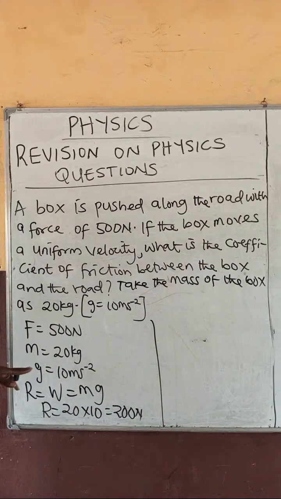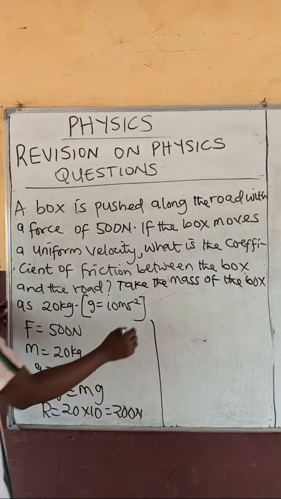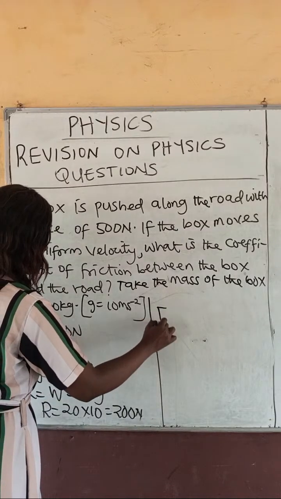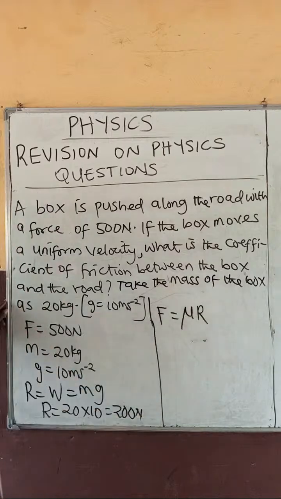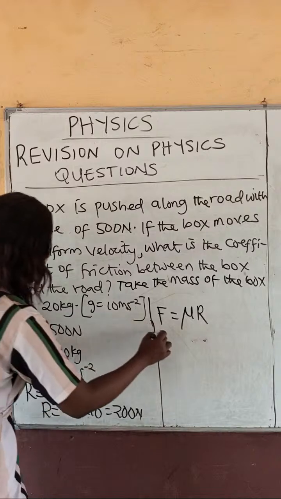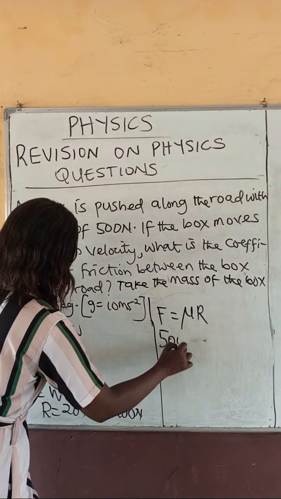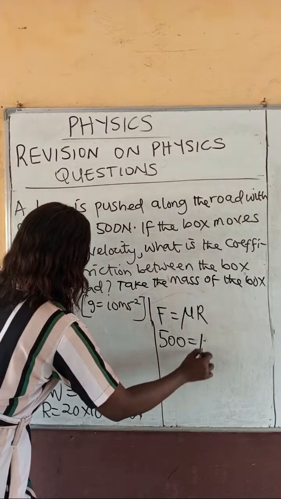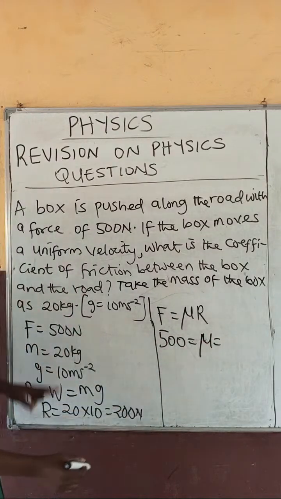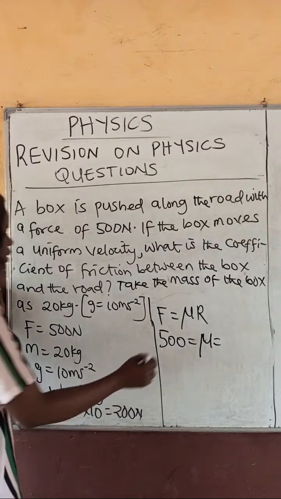Now can we get the coefficient of limiting friction? I will say F is equal to mu R. This is the frictional force I have: 500 is equal to mu times R. My R is 200.